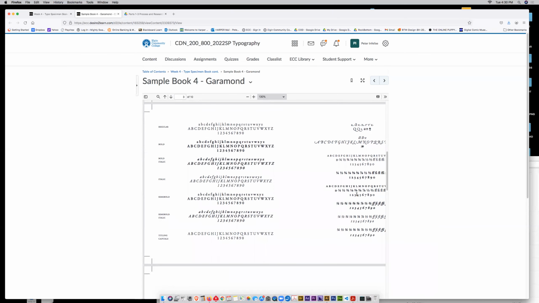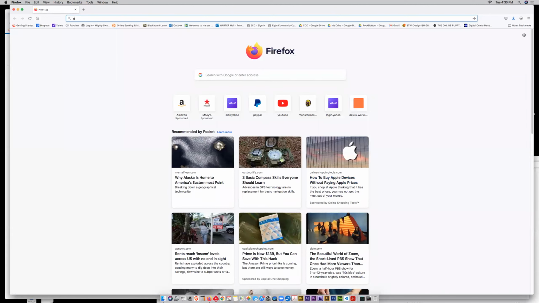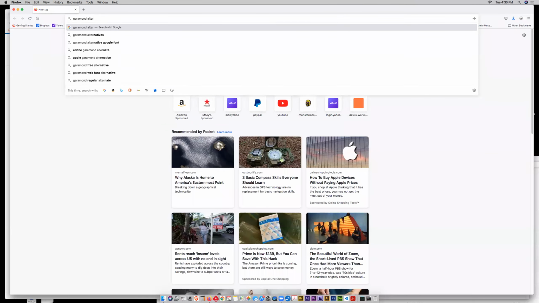Let's see. Yeah, there's a bunch of alternate italics. So these would be things that would come up via keyboard shortcuts. And it can be different per letter. So that could literally be something where you're just researching and searching for Garamond alternates.